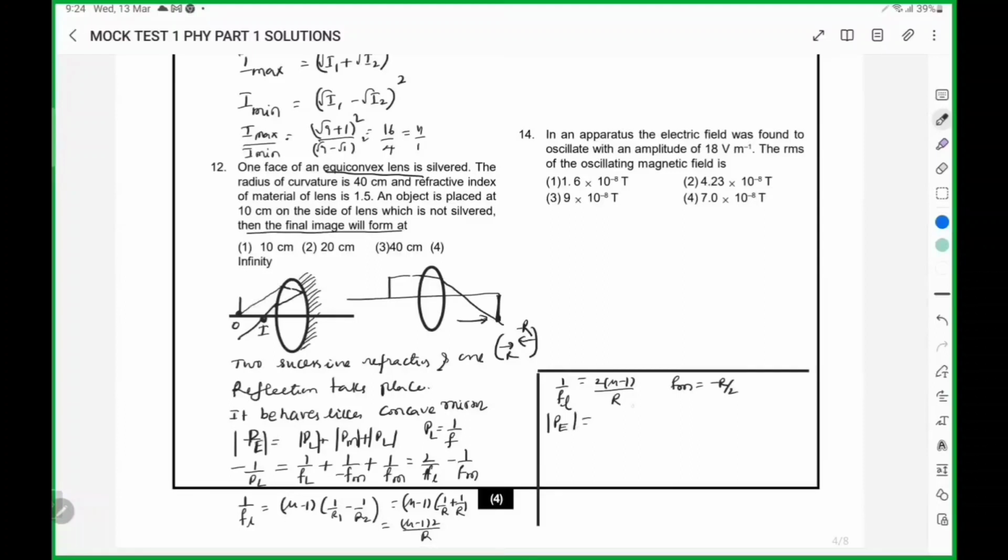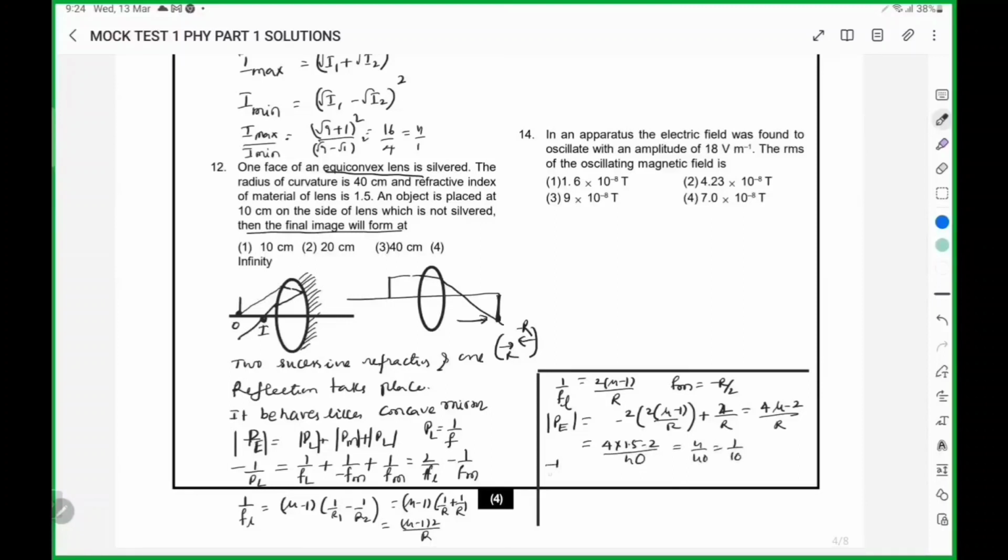So the effective power, we can say, is 2 by Fl plus 1 by Fm, that is 2 times 2 times (mu minus 1) by R plus 1 by R by 2, which is (4 mu minus 2) by R. Here mu is given as 1.5, and the radius of curvature is 40, so it is 4 by 40, 1 by 10.